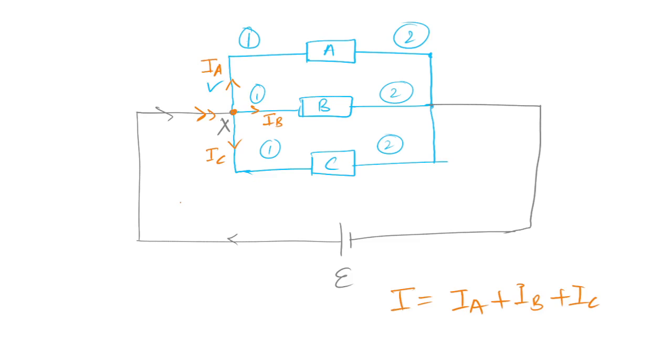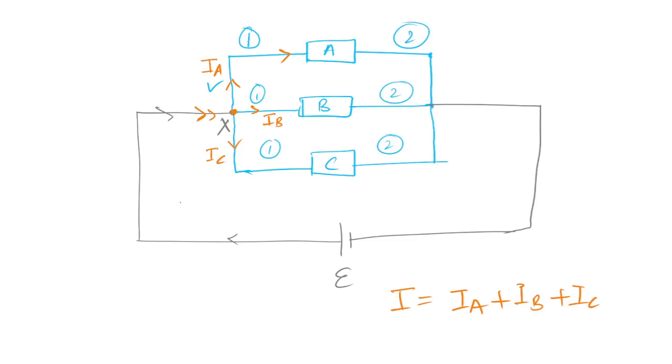So what you can see here, the overall current entering the junction is equal to the overall current leaving the junction.